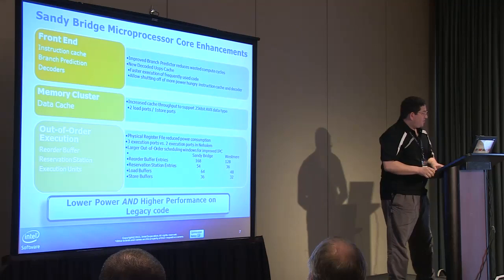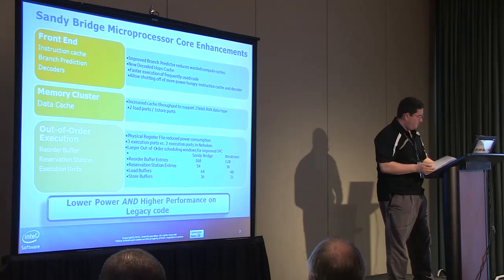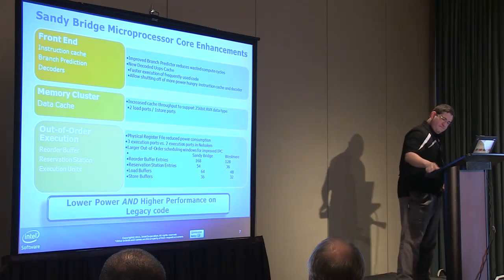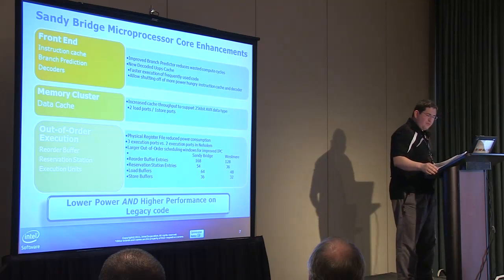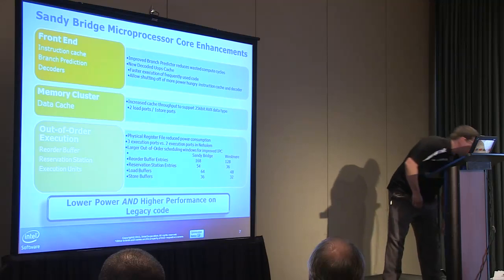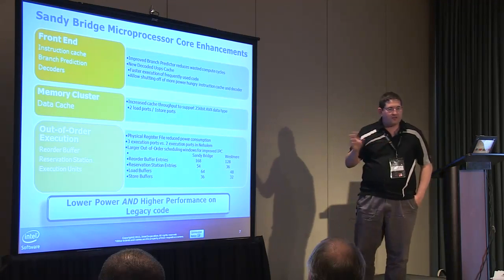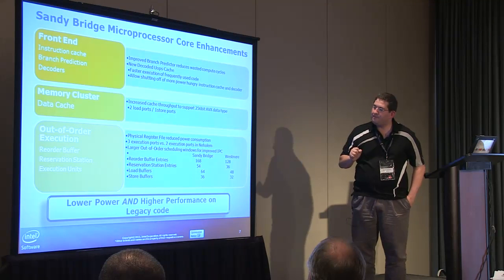The branch prediction unit is entirely redone in Sandy Bridge. This next slide here. The branch predictor is a part of the CPU which looks at branching statements, so ifs or whiles or different types of conditional statements in the CPU.